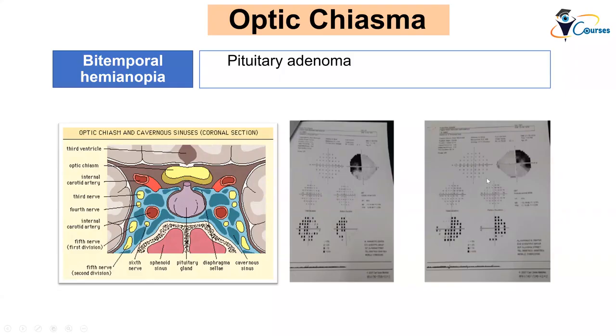So this patient will have bitemporal hemianopia, which is starting superiorly or more dense superiorly. You got it now? Because the compression is starting inferiorly, involving the inferior retinal fibers. So this is very characteristic and very classic for the pituitary adenoma to present with bitemporal hemianopia, which is more dense superiorly.